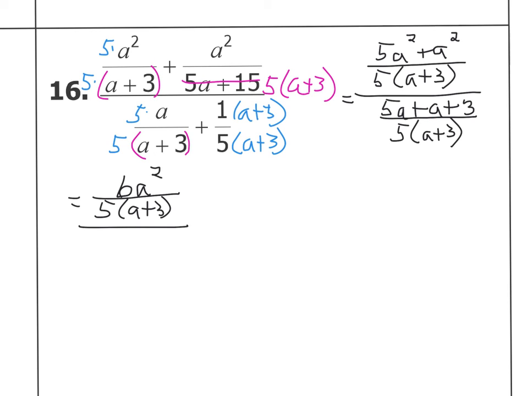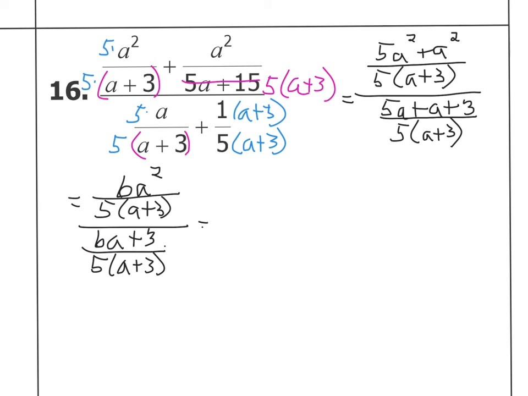So 5a plus a is 6a plus our 3. It doesn't have anything to combine with. All over our fully factored denominator. Now, we might be able to factor our new numerators here and here based upon what we just did. This is a monomial, it won't be factorable, but this, don't they have a 3 in common?